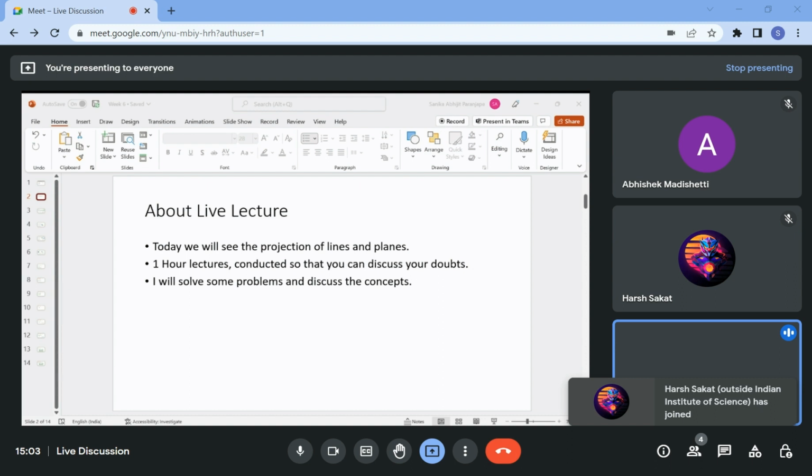As I go anti-clockwise, I move from the B point. Point A will be here, which is 30 above HP. That 30 is seen in the vertical plane, and it is 40 in front of VP, so this distance will be 40.